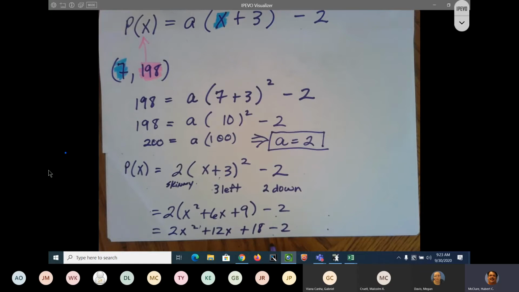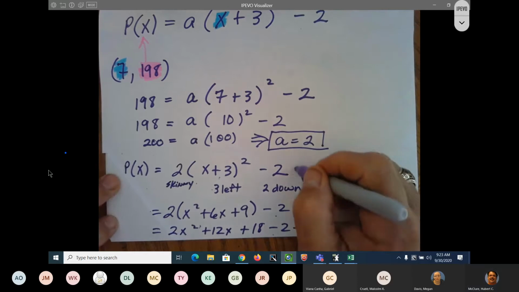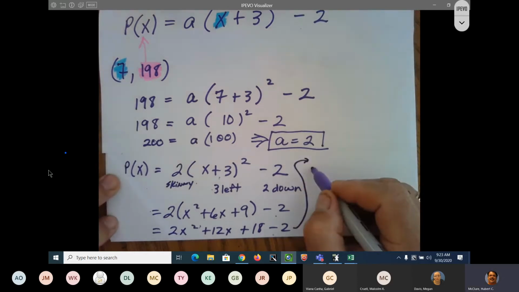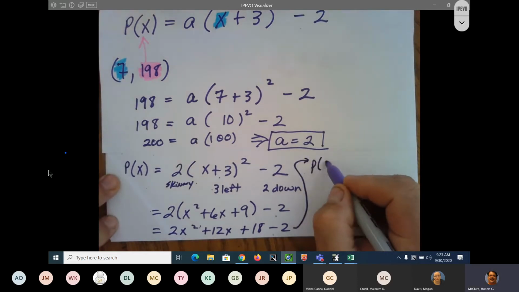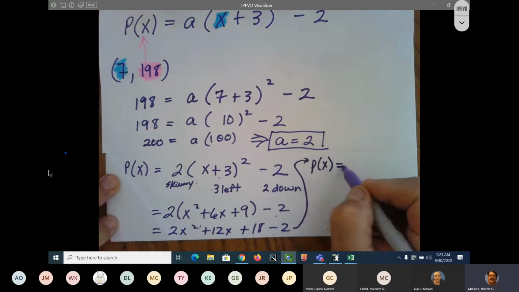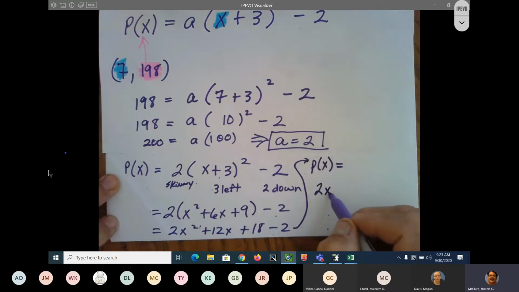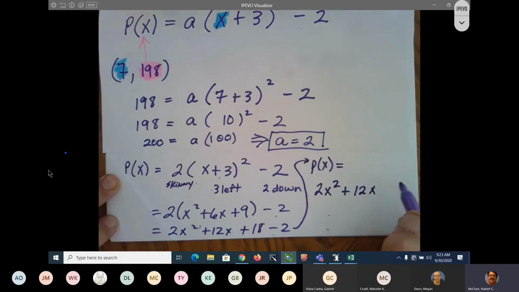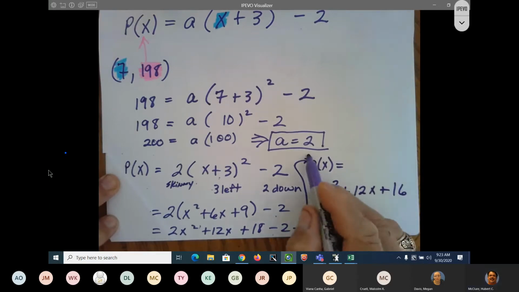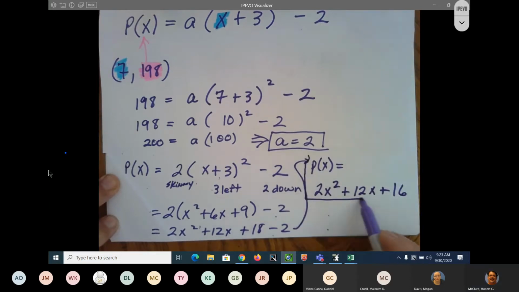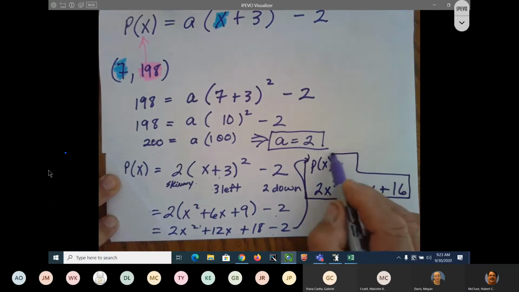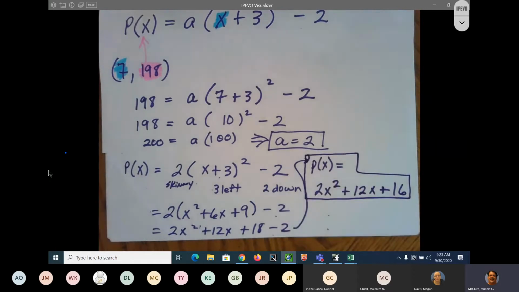And what is 18 minus 2? 16? So our final answer is f of x, or p of x, is equal to 2x squared plus 12x plus 16. That's your answer.